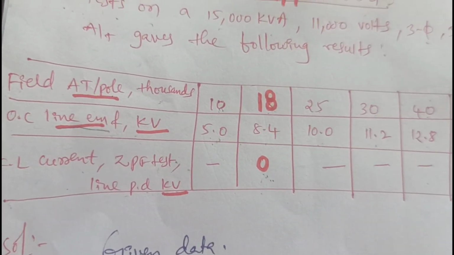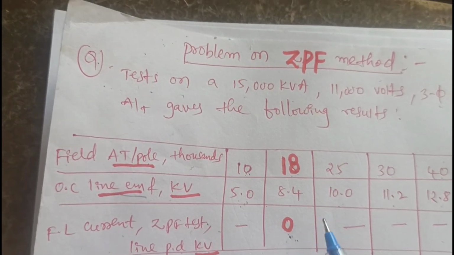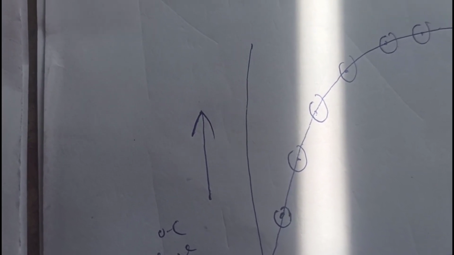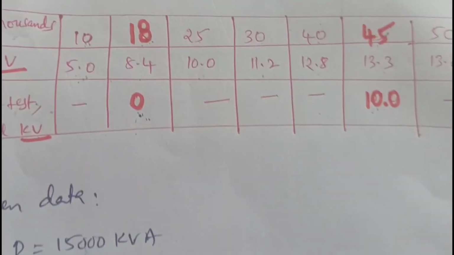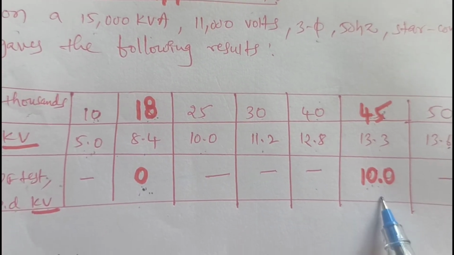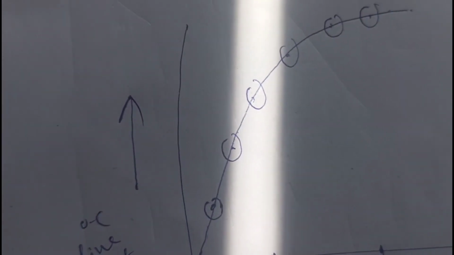From the given ZPF test data, at 0 kilovolts you got 18 ampere turns. So here, for example, this is the 18 ampere turns, and from this given data, at 45 ampere turns you got 10 kilovolts.